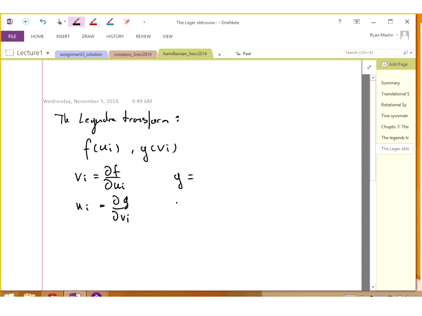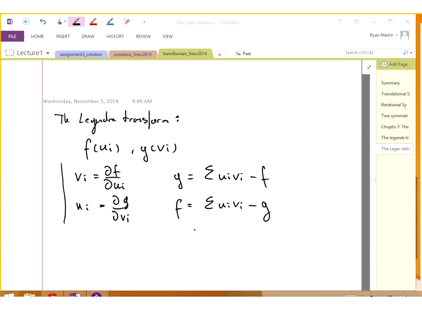We can write that g is equal to the sum of u_i v_i minus f. And we can write that f is equal to the sum of u_i v_i minus g. That's just the same equation, right?